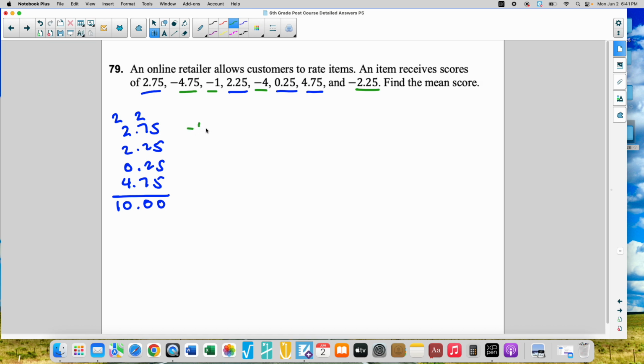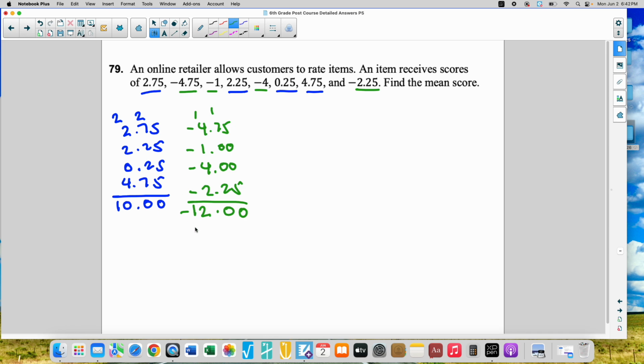Then I have negative 4.75, negative 1, negative 4, and negative 2.25. If we add those up, that's negative 12.